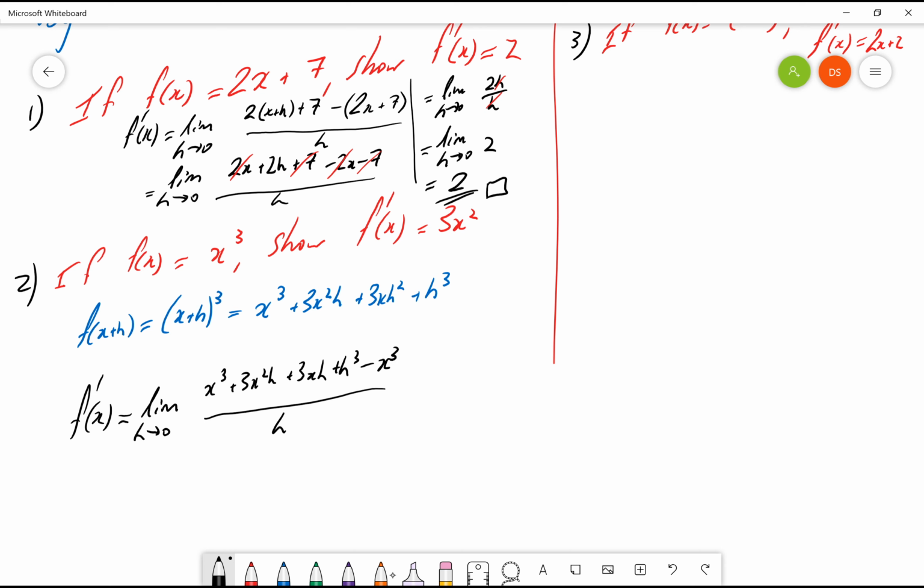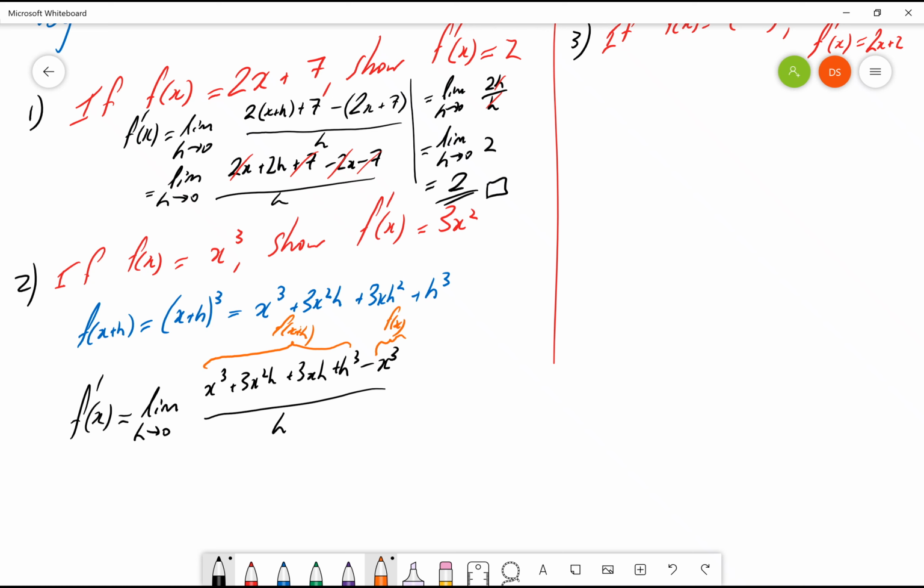Right? Remember this part here is f of x plus h, and this part here is f of x.